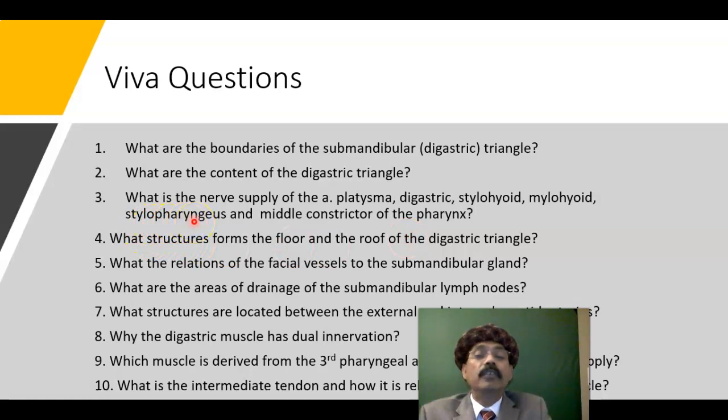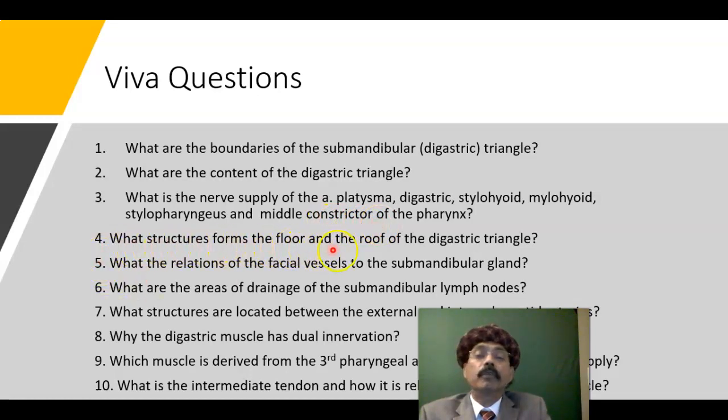Stylopharyngeus is a muscle that is a derivative of the third pharyngeal arch, and it is innervated by the glossopharyngeal nerve. Middle constrictor of the pharynx is innervated by the pharyngeal plexus that is contributed by the vagus nerve carrying the cranial root of the accessory nerve, the glossopharyngeal nerve, and the nerve from the superior cervical sympathetic ganglion.